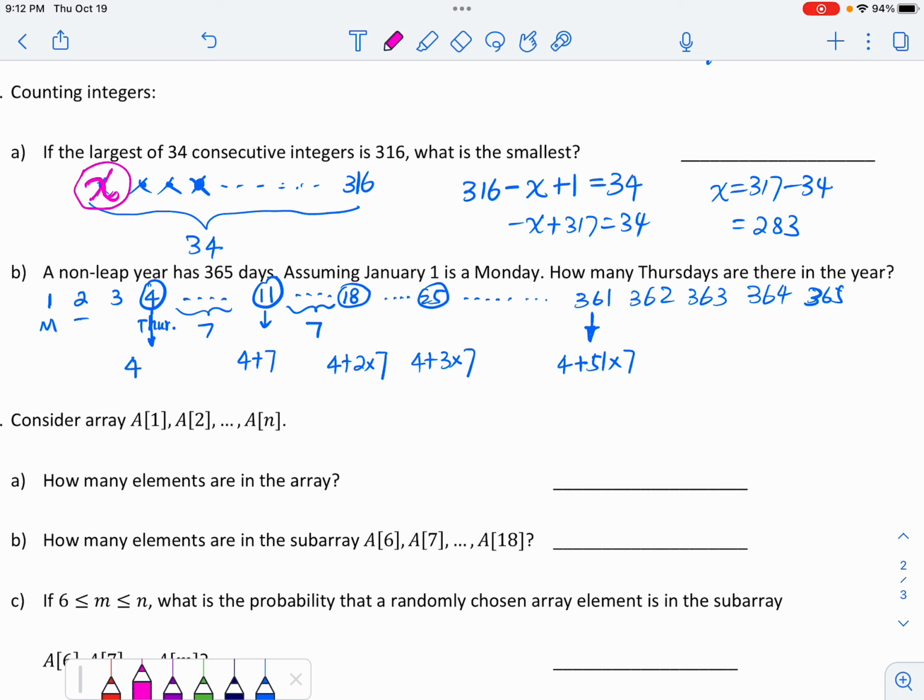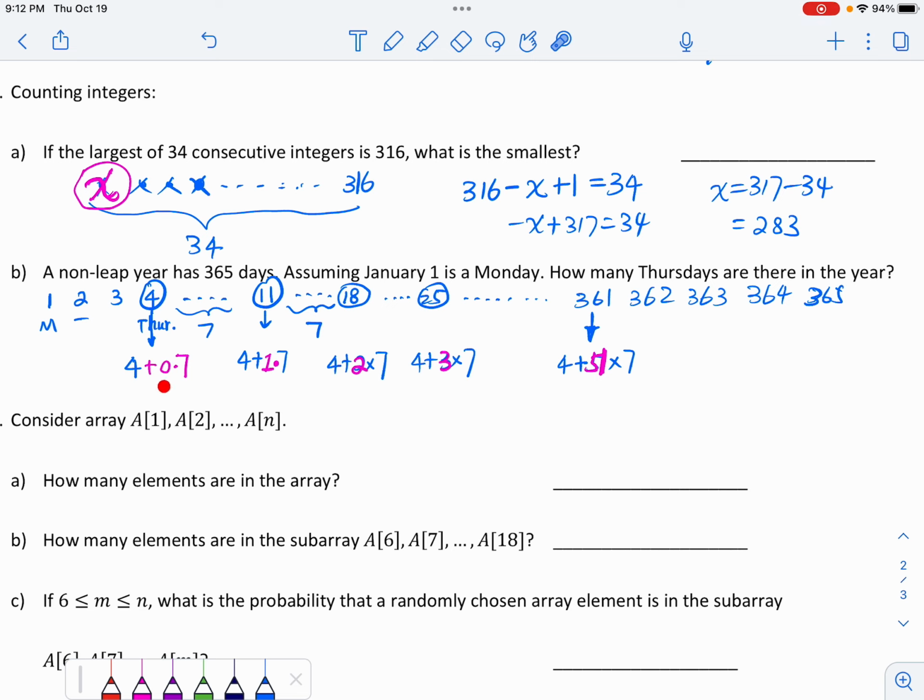Now, the first one, let's look at it as 4 plus 0 times 7. The next one can be viewed as 4 plus 1 times 7. And the next ones are 2 times 7, 3 times 7, and the last one is 51 times 7. And we want to count how many.